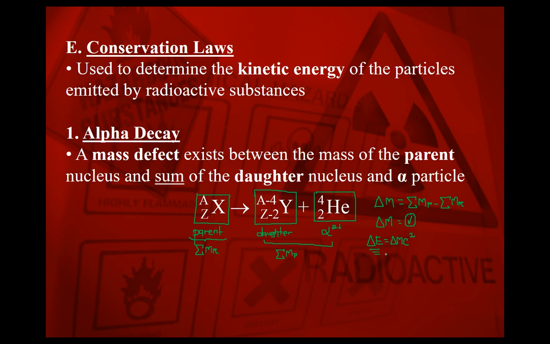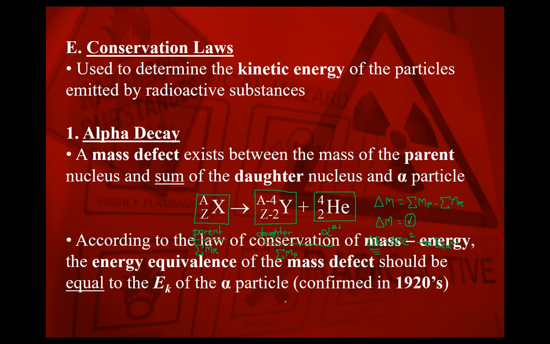So where's this energy going to show up? Well, the daughter isotope is usually a large element with a large mass, so it doesn't really move that much after it decays. What's going to move very fast is the subatomic particle, the alpha particle. So the energy from the mass defect actually is given to the kinetic energy of my alpha particle.